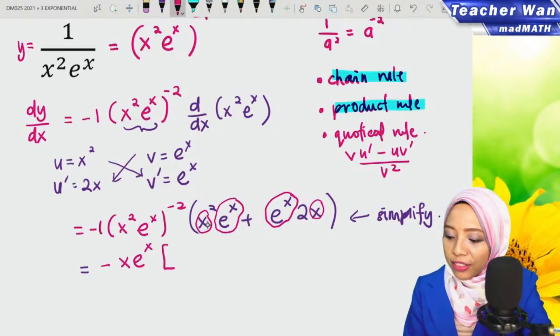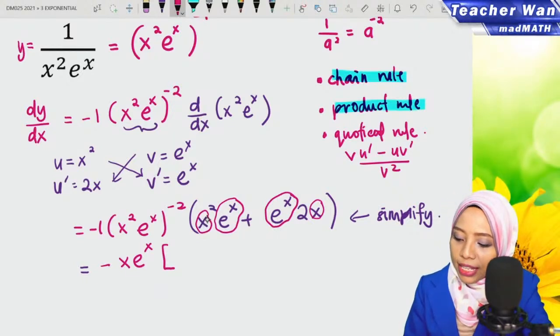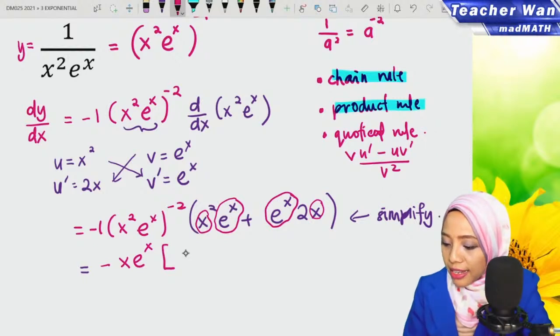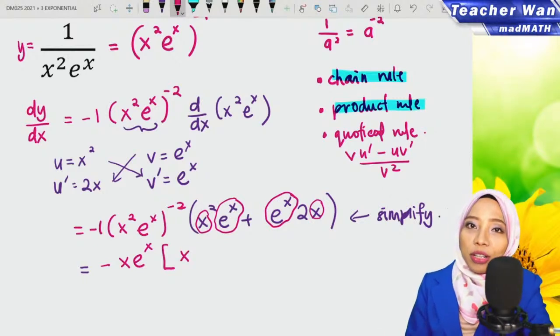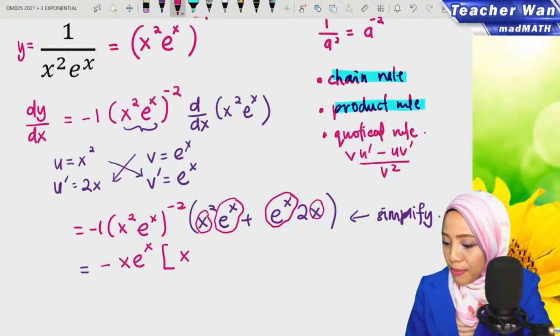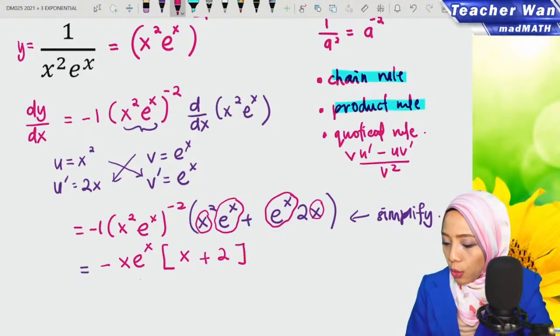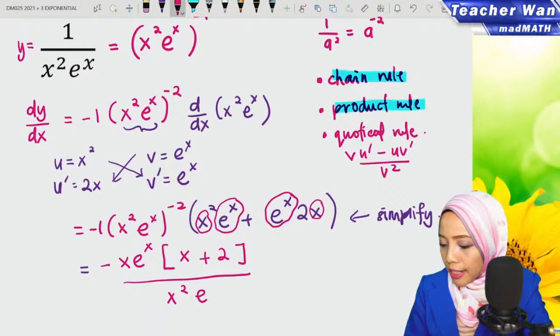So the remaining left, if we take this out, x and exponent to the power of x, only x remains, and then plus 2, over x squared exponent x to the power of 2.